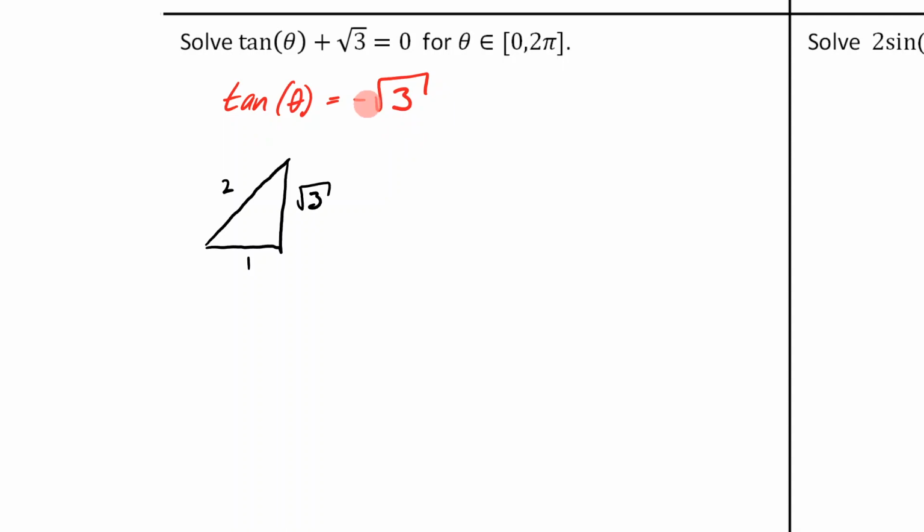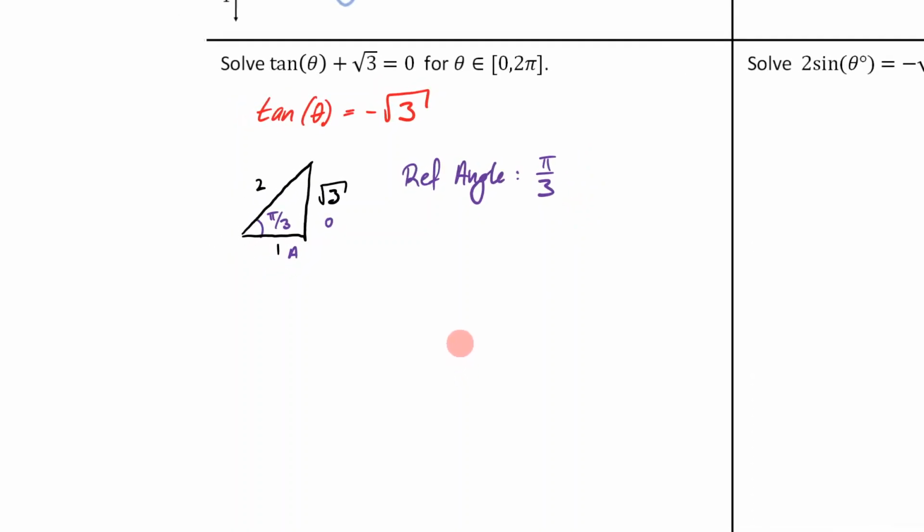Remember, you're just ignoring that negative. So it's going to be down here because this is opposite, this is adjacent. Oh, sorry, the other way around rather. This is opposite, this is adjacent. So it's going to be the pi on 3 there. Opposite, adjacent, I get the square root of 3. So my reference angle is pi on 3.